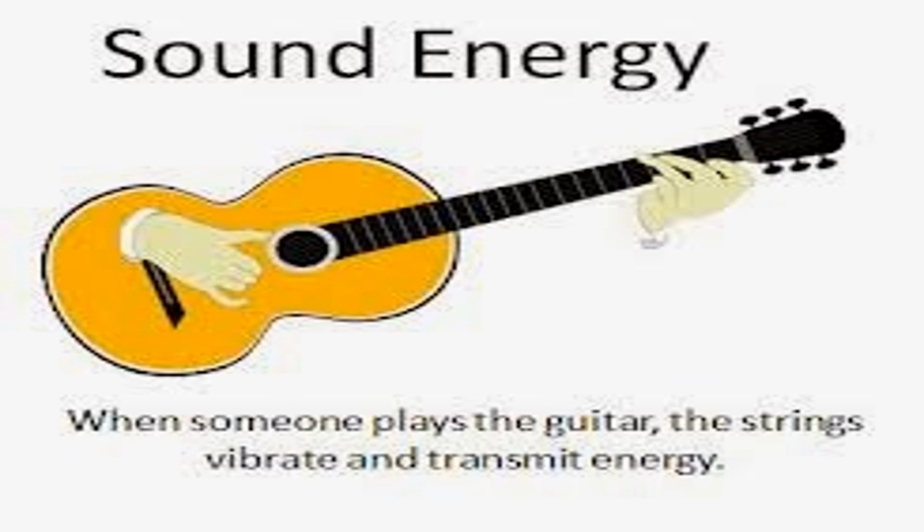Children, so we have learnt nuclear energy and sound energy in this class. So what are all the forms of energy? We have learnt mechanical energy, chemical energy, light energy, electrical energy, heat energy, magnetic energy, nuclear energy, and sound energy.